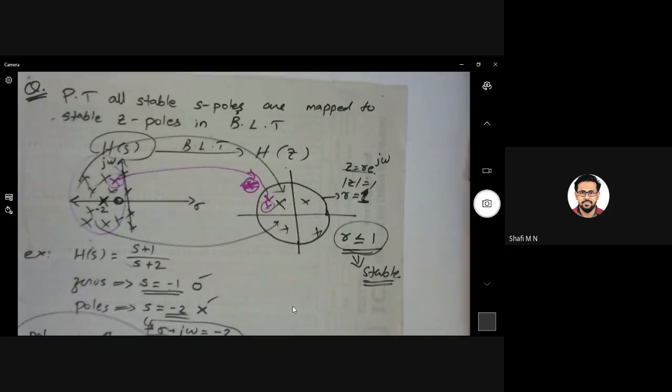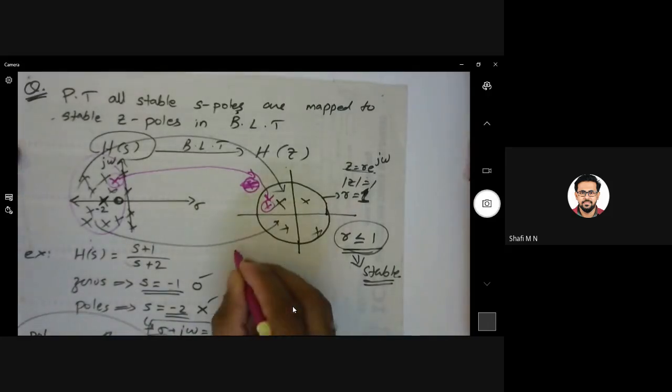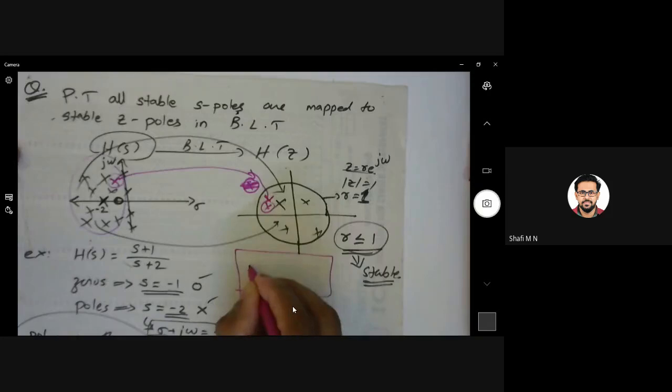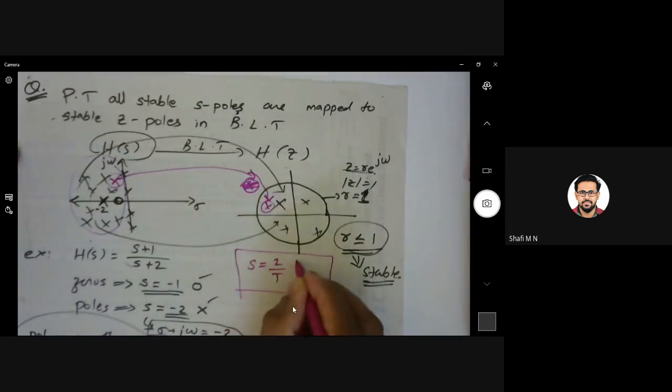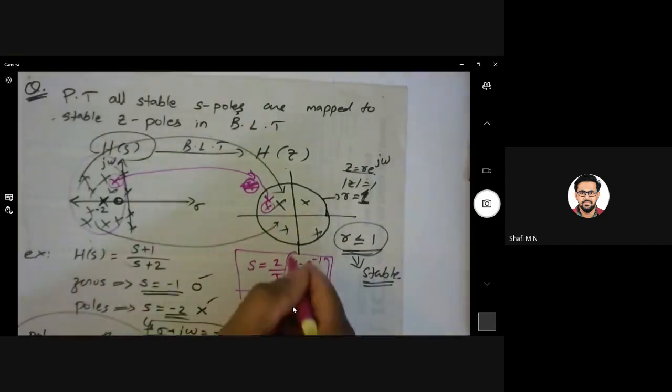You cannot simply write any equation to transform from S to the digital world. So what is the substitution that the bilinear transformation is doing? You replace S with 2 by T, times 1 minus Z raised to minus 1 by 1 plus Z raised to minus 1. You cannot simply formulate any equation, or modify it as 2 minus Z raised to minus 1.